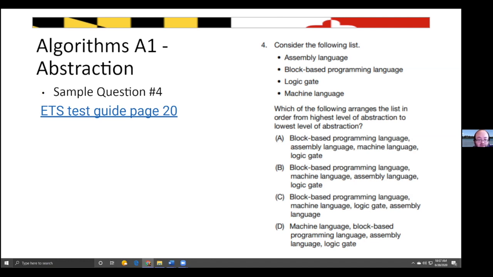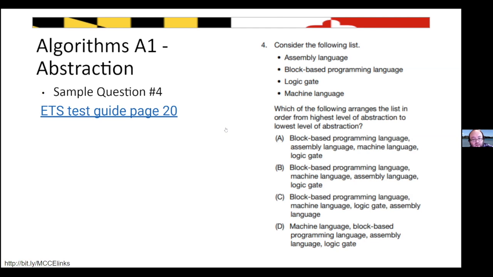So block-based, like Scratch, down to the machine converts that into assembly language. And of course, logic gates are the lowest level presented here, because your ands and ors and nots with your electrical circuits are all printed on the circuit boards there or dynamically changed.